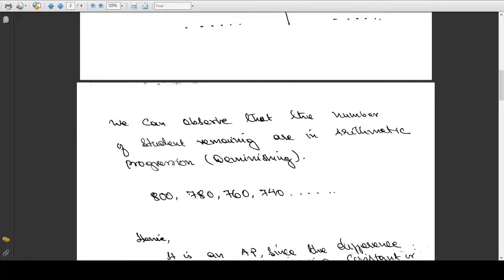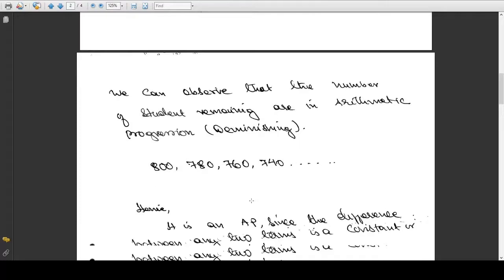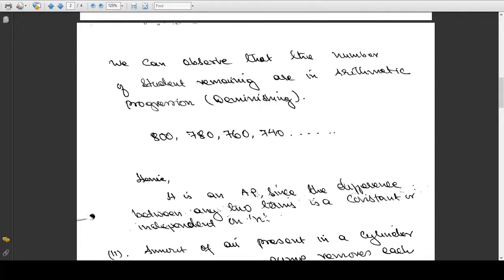Because if you find the difference between any two terms, you'll get 20. 800 minus 780, you'll get 20, 20, 20, because they are decreasing by the same number, 20. Each instance is being decreased by the same number, 20. This means it is an arithmetic progression.